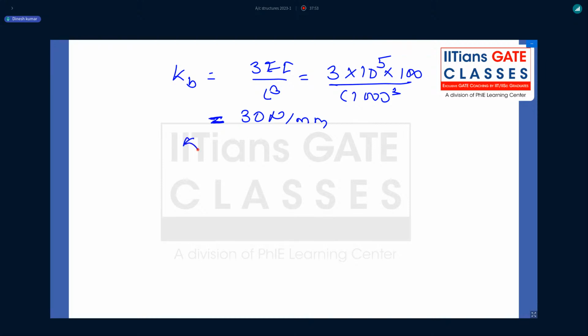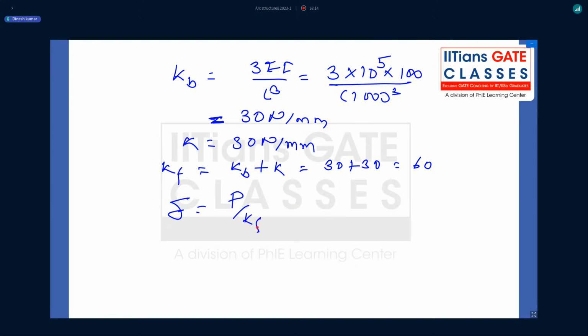And K is also given as 30 Newton per mm. So what is the K final? It is KB plus K, which is 30 plus 30, so it is 60. And my final deflection, delta, will be P by K final.